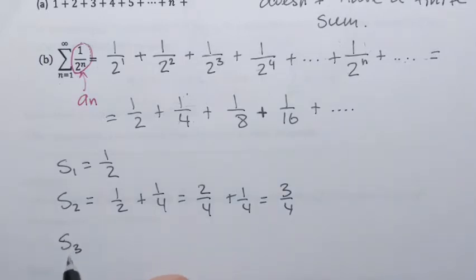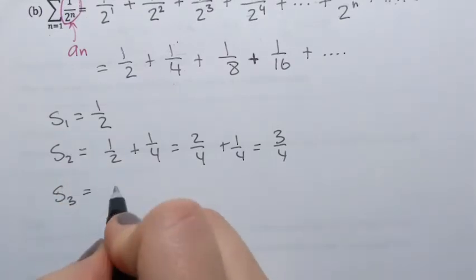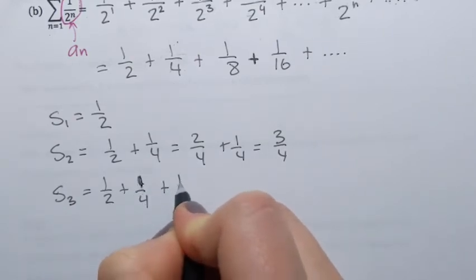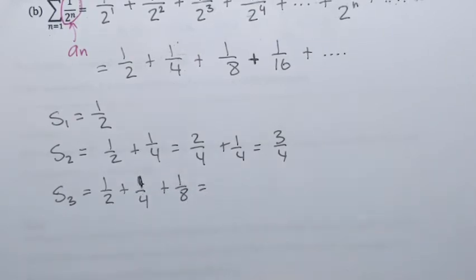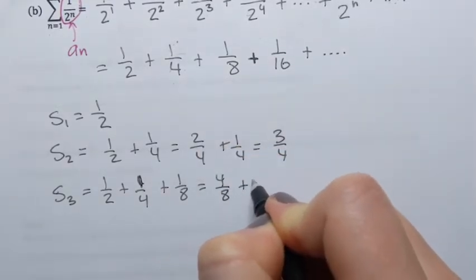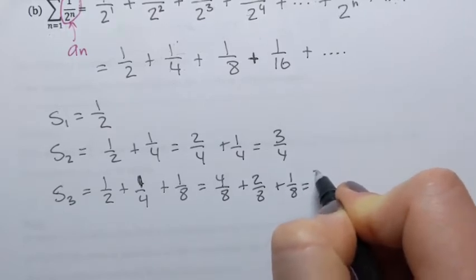The third sum, let's just do it maybe up to the fourth sum. It's a little bit tedious process right now, but it will help us to see what happens with the series. Plus 1 over 8, so the LCD is 8. I'll have 4 over 8 plus 2 over 8 plus 1 over 8. That's 7 over 8.